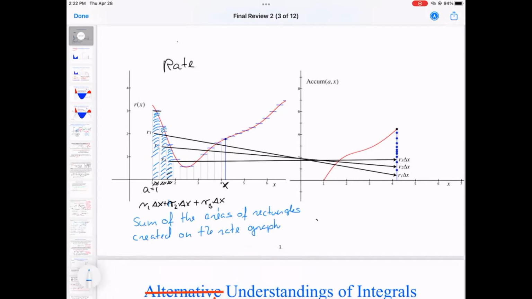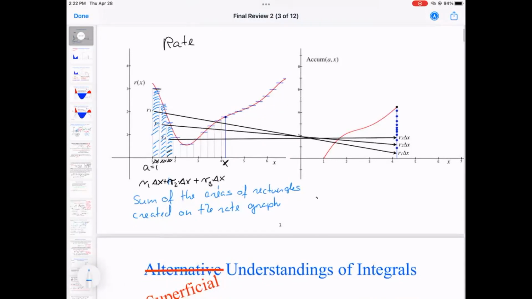Here on the accumulation graph, that's the accumulation from A to x, which we usually denote by A of x. That's going to be R1 times delta x plus R2 times delta x plus R3 times delta x, and so on and so on.